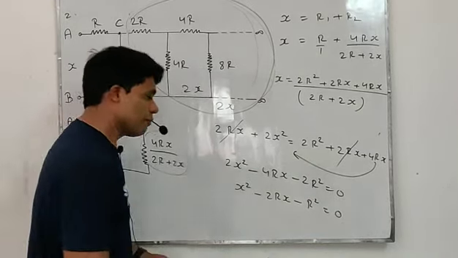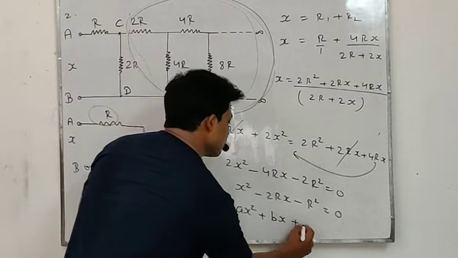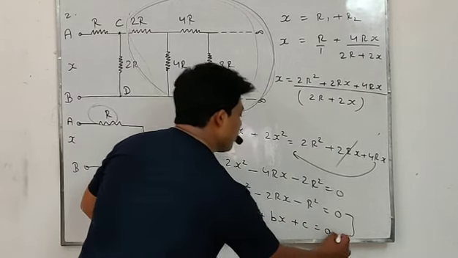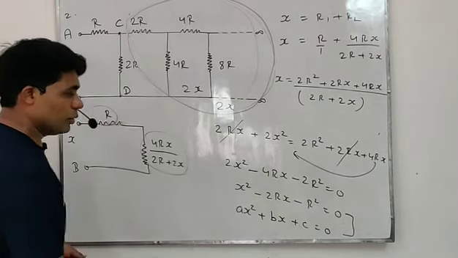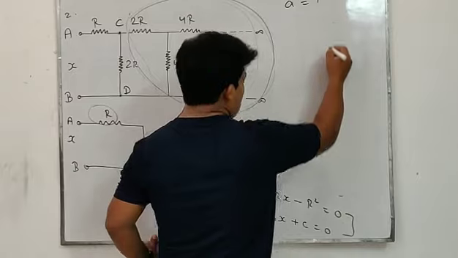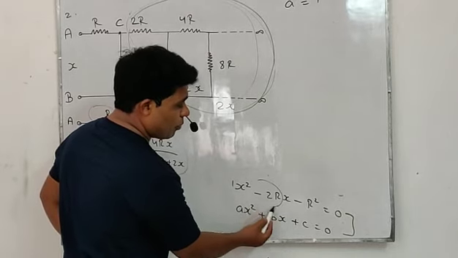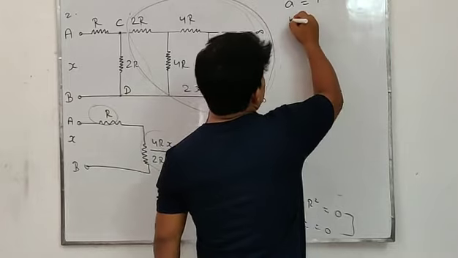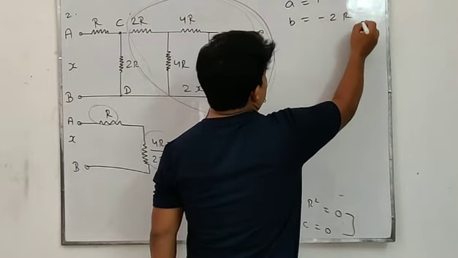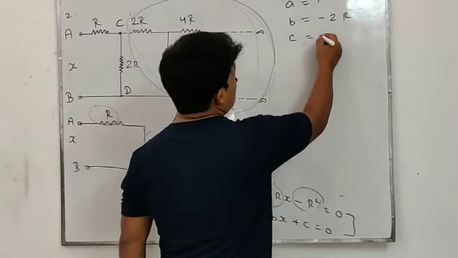Now we have to make quadratic equation like ax square plus bx plus c equals 0. Compare these two. Okay. Multiple of x square 1, multiple of x square a. So a equals to 1. Multiple of x, b. Multiple of x minus 2r. So b equals to minus 2r. And finally c as minus r square, constant.